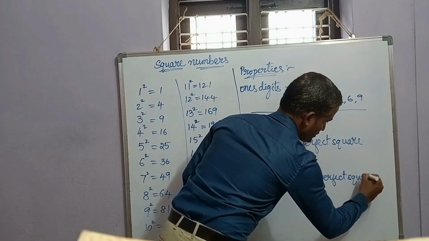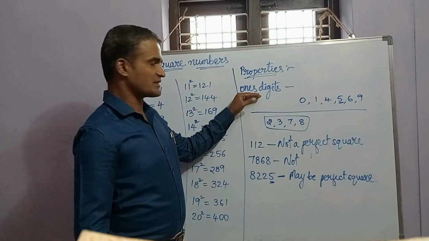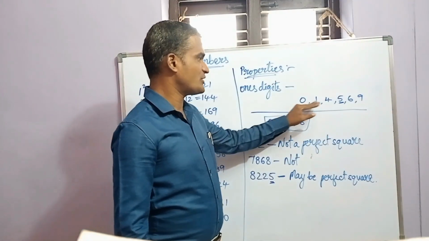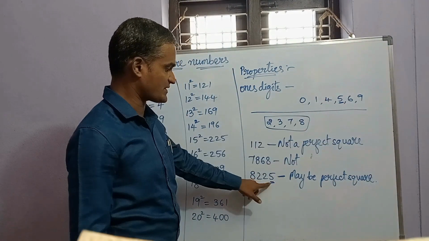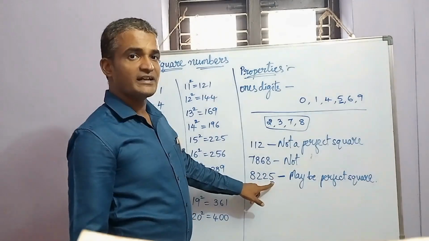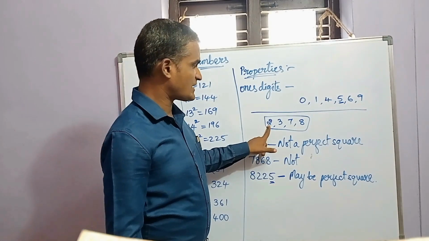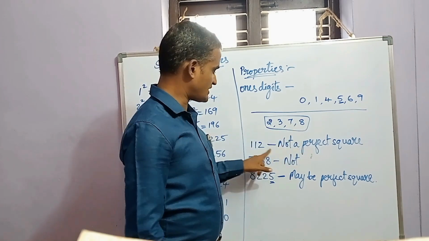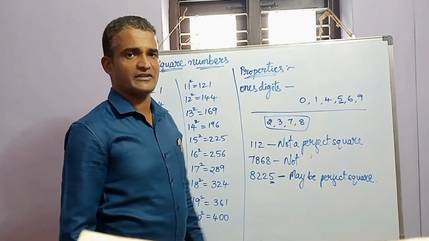So the first rule is: if the ones place is 0, 1, 4, 5, 6, or 9, the number may be a perfect square. But if the ones place is 2, 3, 7, or 8, then that number is surely not a perfect square.